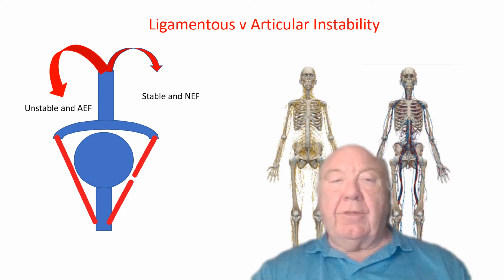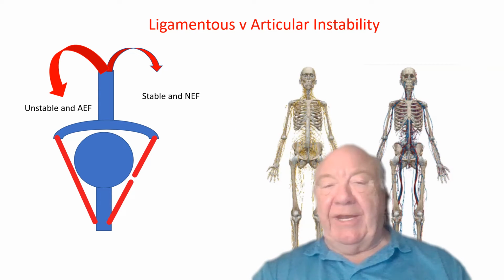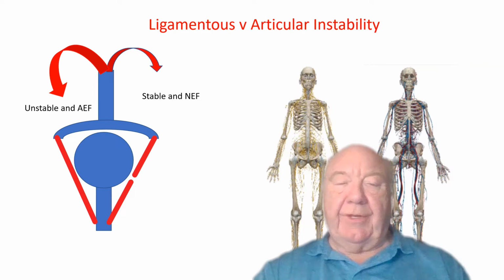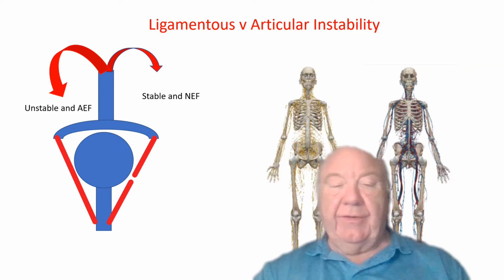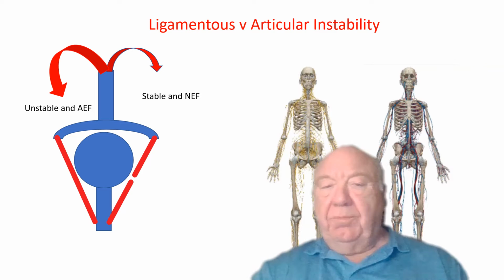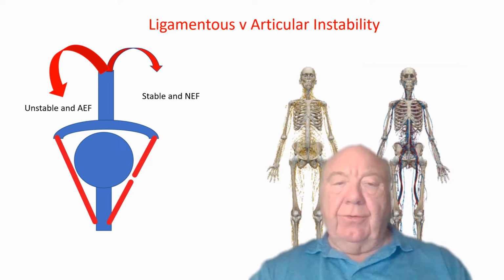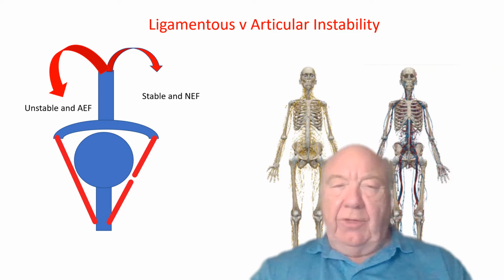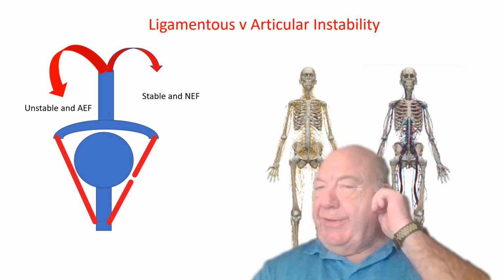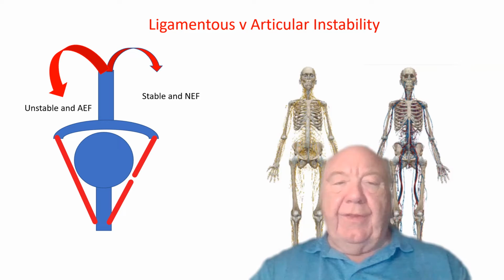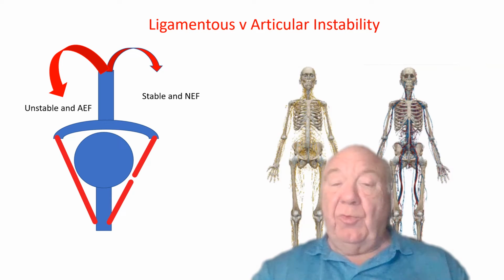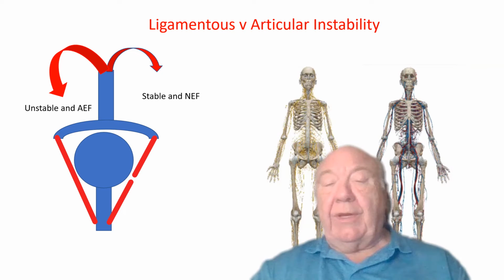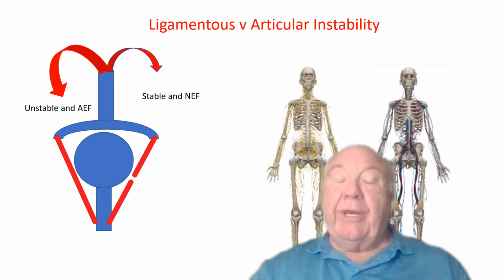Right. This diagram depicts ligamentous instability. So we've got an overstretched or torn ligament, at least a grade 2, possibly a grade 3. What you'll see is that if you put the tension on the ligament and then stress it, you'll find that the ligament gives you abnormal results. If it's a grade 2 or more, you're going to get movement.